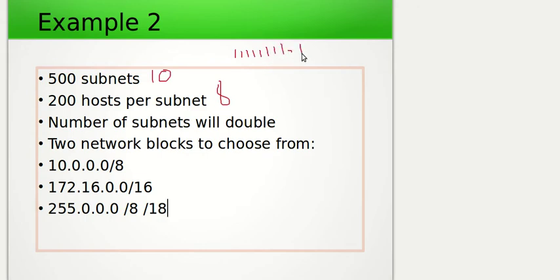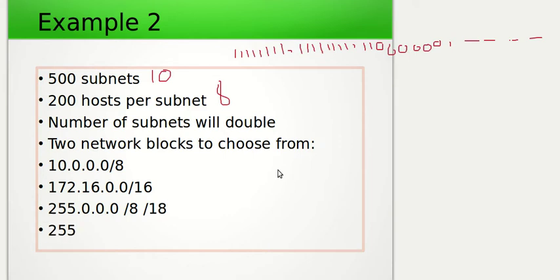Dot 1, 2, 3, 4, 5, 6, 7, 8. Dot 1, 2, and then the rest will be zeros. It doesn't really matter about that. So let's convert this, each octet at a time, back to its decimal equivalent.